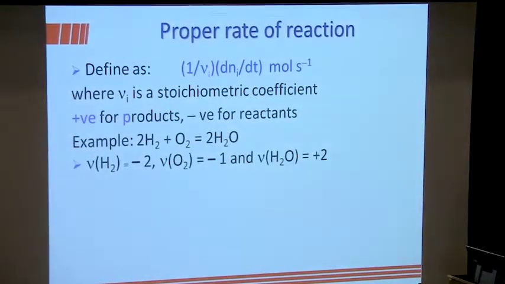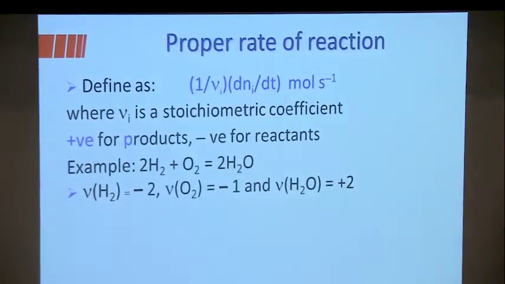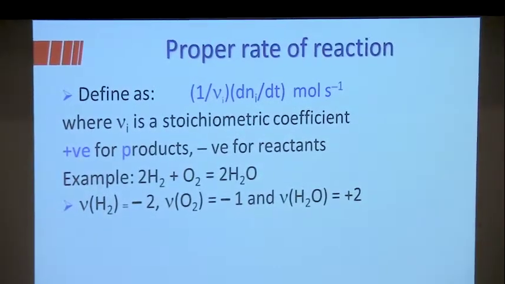Let me go back. I alluded to this a minute ago when I was talking about simple collision theory. I said, look, it's the number of moles of A times the number of moles of B, not the concentration of A times the concentration of B. And the proper definition of rate of reaction is actually 1 over the stoichiometric coefficient times the change in number of moles of a species with respect to time, not change in concentration.